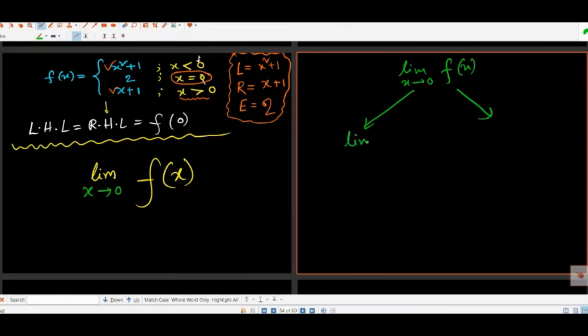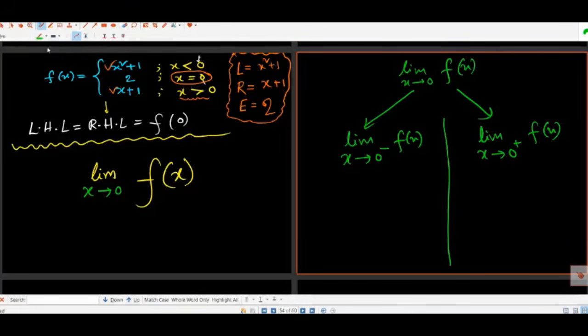That is, limit as x approaches 0 minus of f of x, and limit as x approaches 0 plus of f of x. So you already know that these are called one-sided limits. This is called left-sided limit, and this is the right-sided limit. In short, you can write L for left-hand limit, R for right-hand limit.